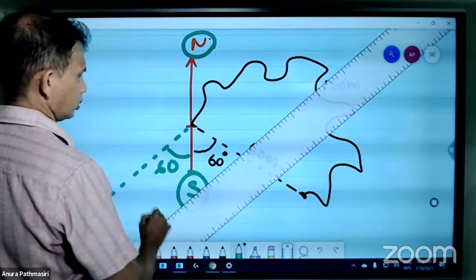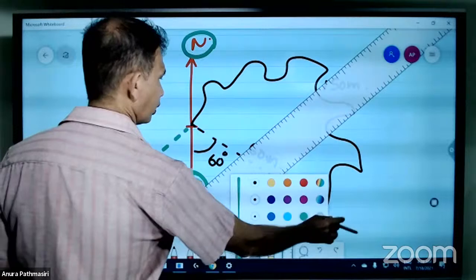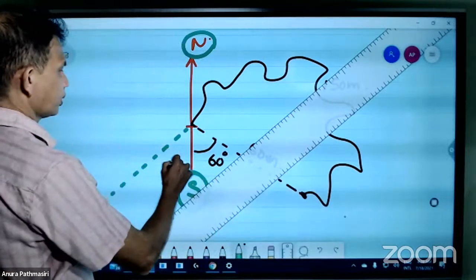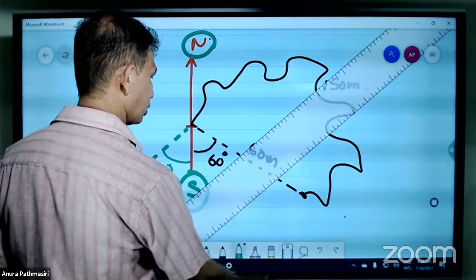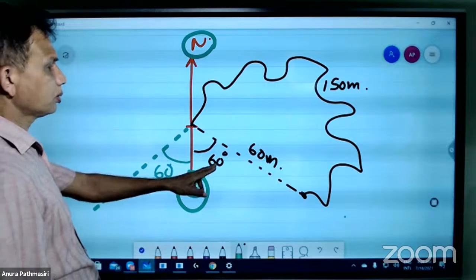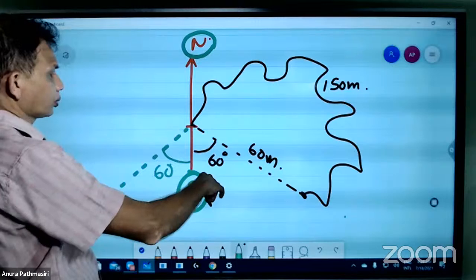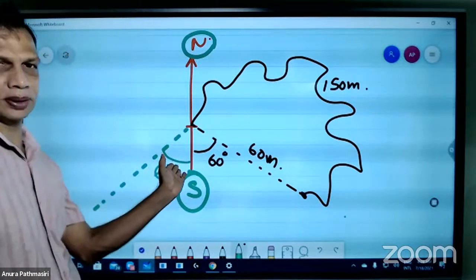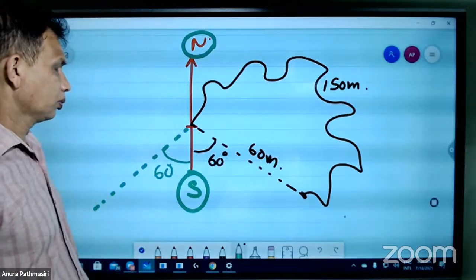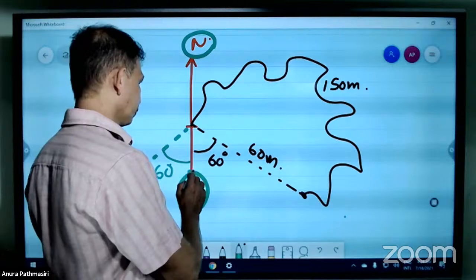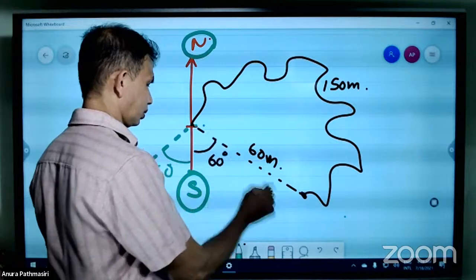You can say, oh, this is bigger. As Nipuna said, you can say 60 meters in the direction 60 degrees from north to south. This is also can be expressed in that way. And this also can be expressed. So what you have to consider is from south, you can mention the other direction.